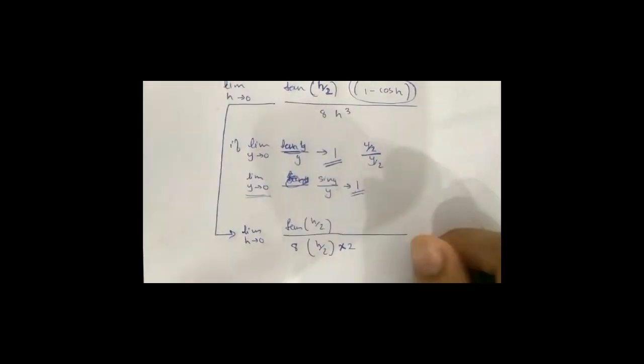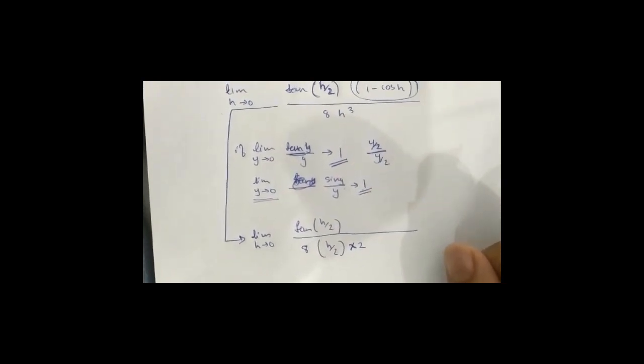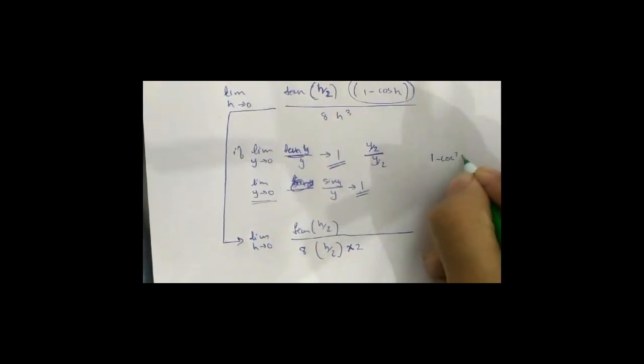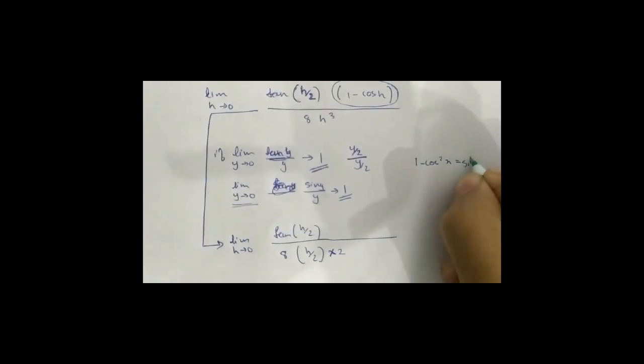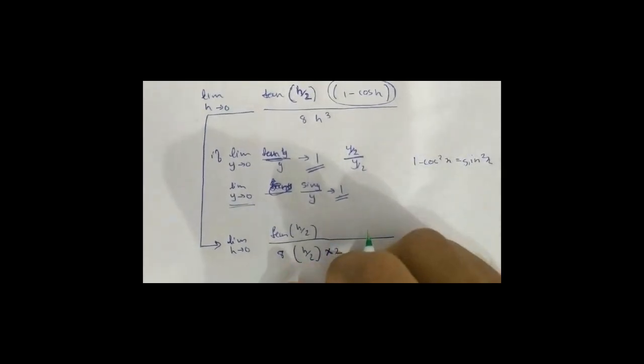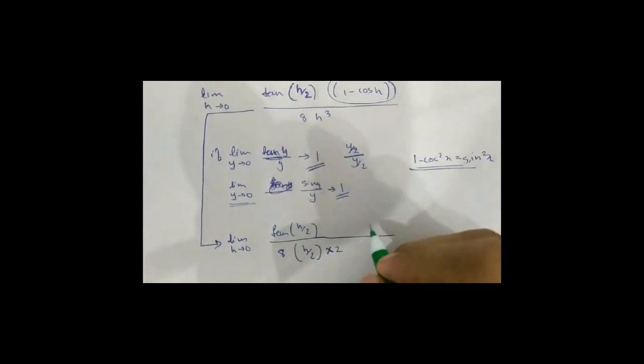So I know one thing. What do we know? Basically in maths, we have to see where we have to go, and we have to know what tools we have, right? So one tool that we have is 1 minus cos square x is equal to sine square x, right? We will make use of it. How can we make use?